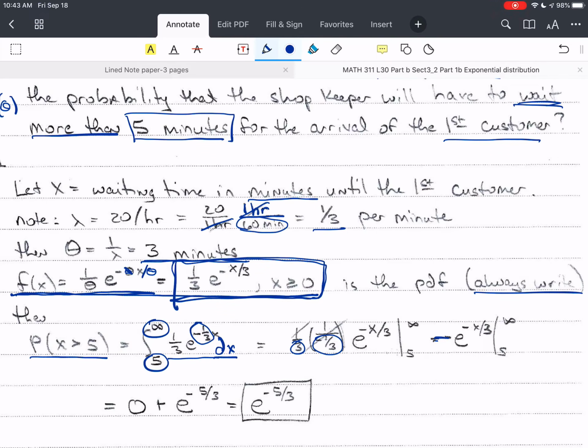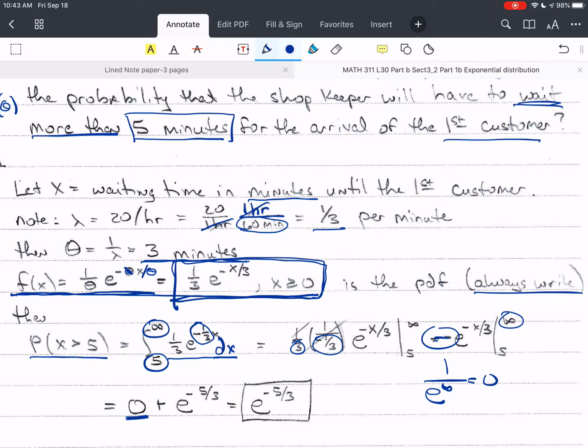And it's e to the negative x over 3, from 5 to infinity. When I plug in infinity, or approach plugging in infinity, this is e to the negative infinity. That's 1 over e to the infinity divided by 3. That is equal to 0. So the minus sign is not going to have an effect there. 0 doesn't have a sign.